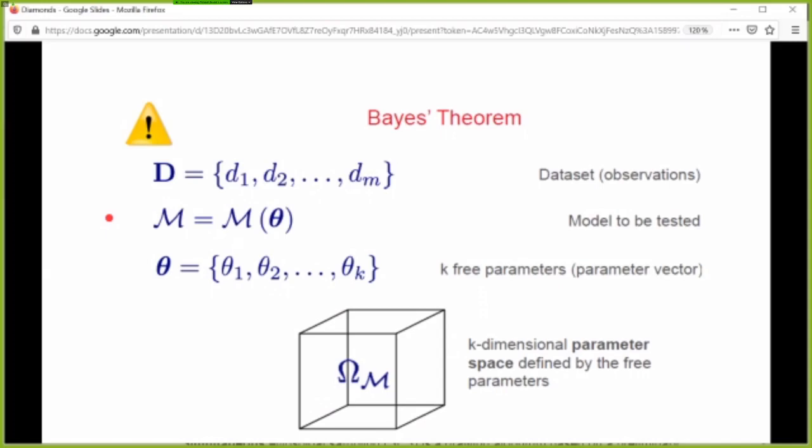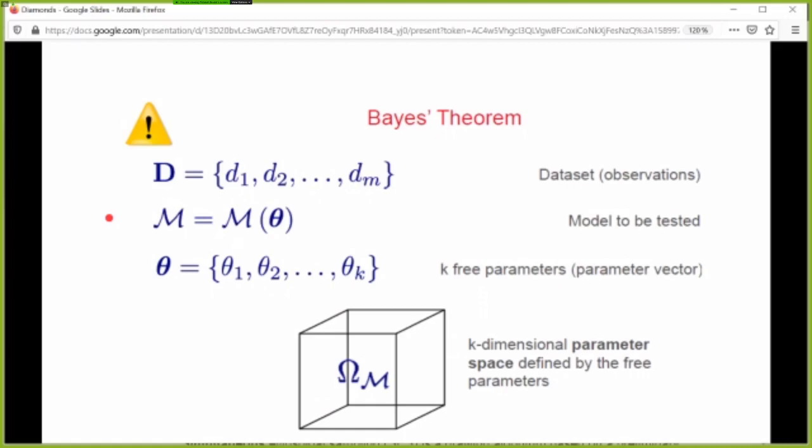The first concept is the data set, which gathers observations, noted D. The purpose is to fit this data set thanks to a model that we are going to test on the data set.